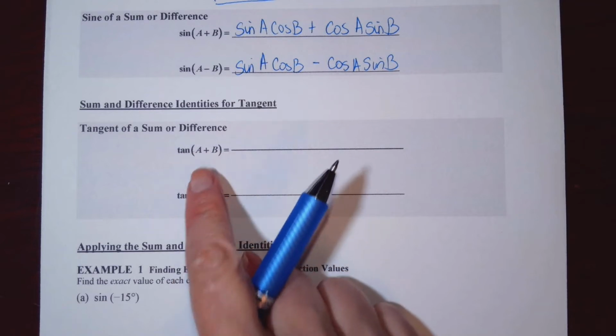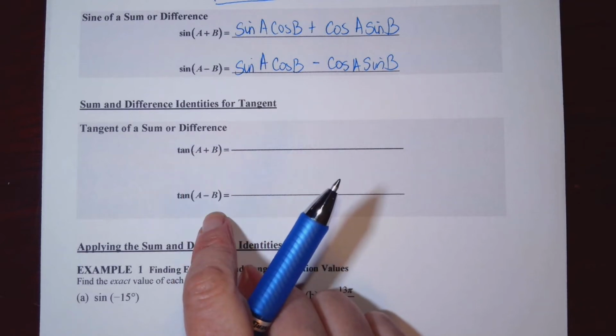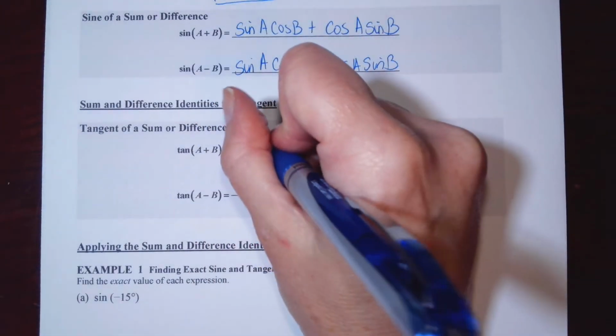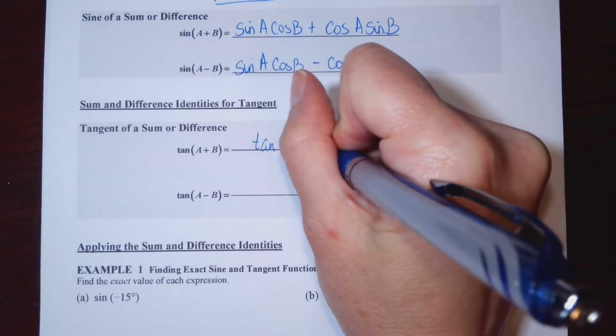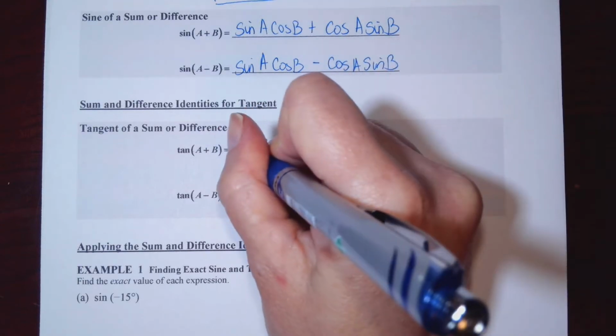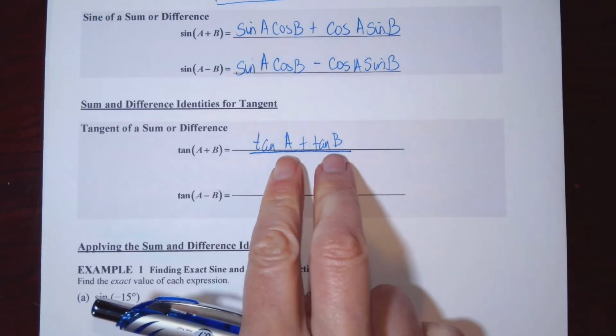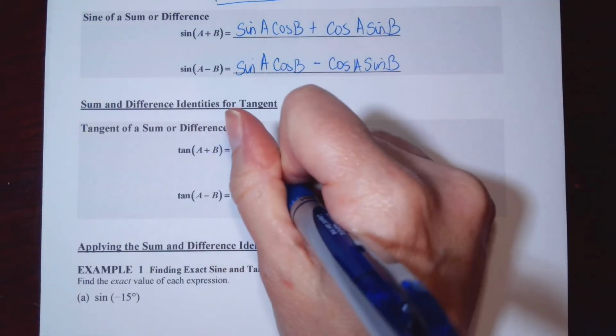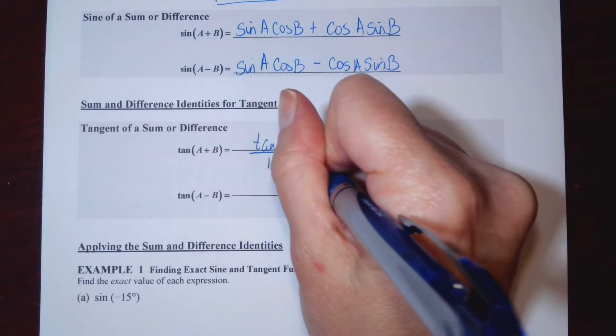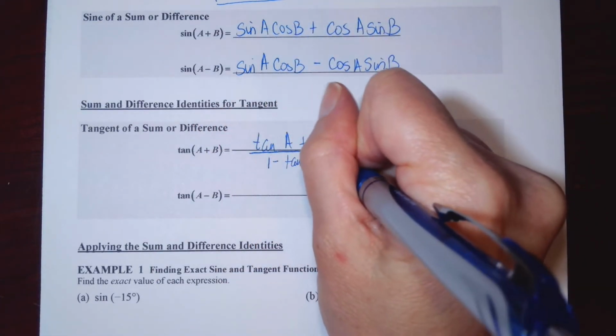We're not going to take the time to derive our tangent sum and difference identities. They are quotients. So we have this big rational expression for tangent sum and tangent difference. Tangent sum has the sum of the two tangents of the angles in the numerator, and then 1 minus the product of the tangents in the denominator.